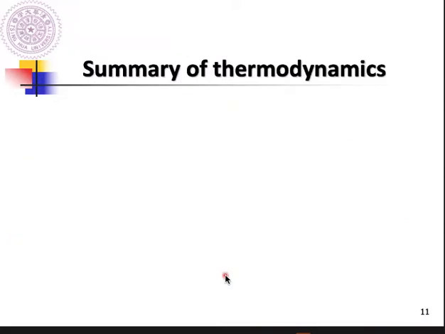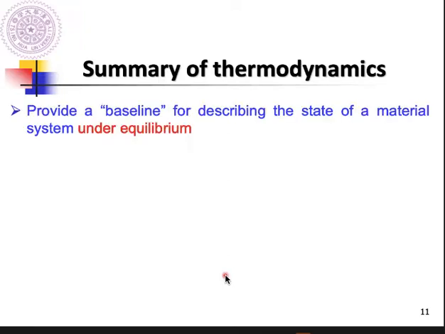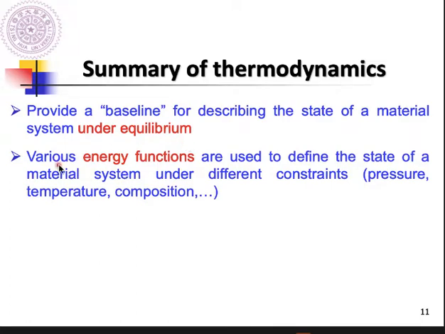Okay, so let me give you a short summary of thermodynamics. Thermodynamics actually provides a baseline to describe the state of your material system under equilibrium conditions. And we can use different energy functions to define different states of your system under different conditions, boundary conditions, or constraints.